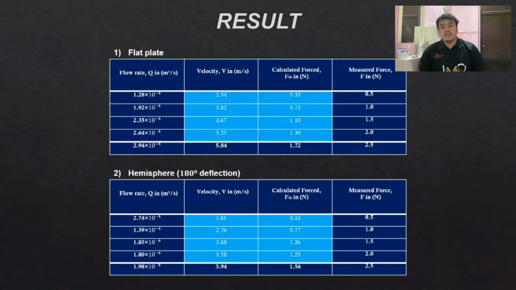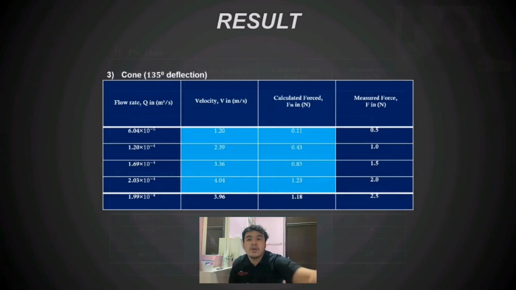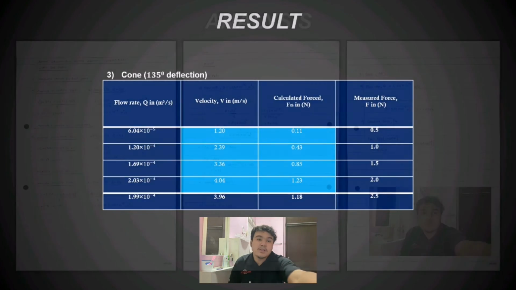So this is the result. One is the flat plate result and number 2 is the hemisphere result, 180 degree deflection. The next result, number 3, is cone, 135 degree deflection.